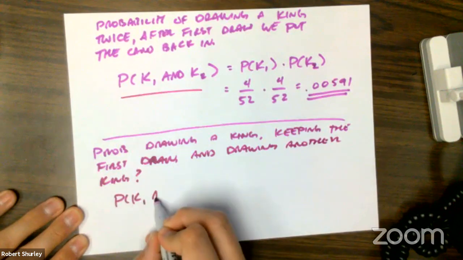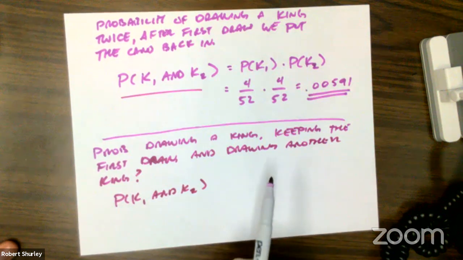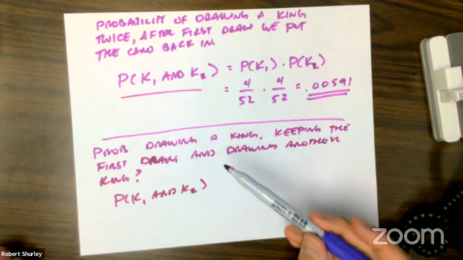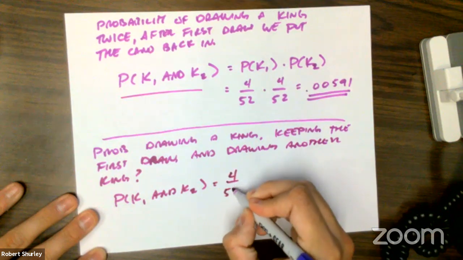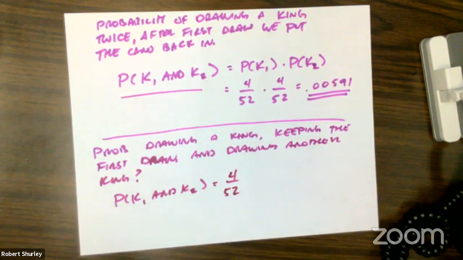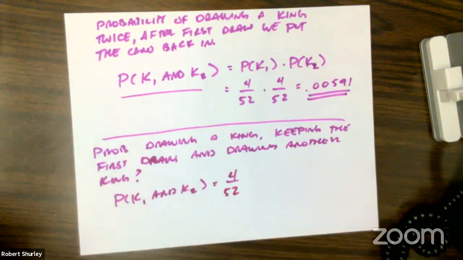Probability of a king and a king, right? But this one, once we do our first draw, which is still going to be 4 out of 52, right? I want you to catch up there. That first draw would still be 4 out of 52 because I'm shuffling a deck. I give you the deck of cards and I tell you to draw. You draw that card. Hey, the probability we got a king is 4 out of 52, right? No matter what, because I haven't done anything.